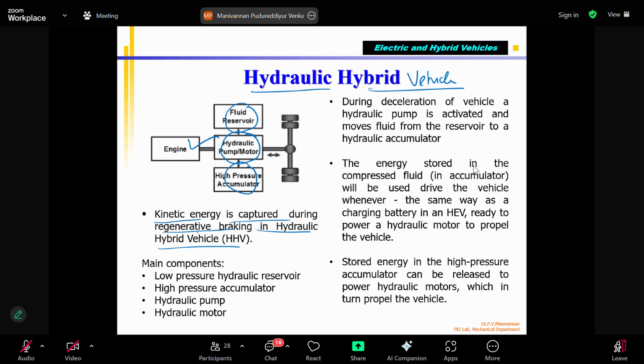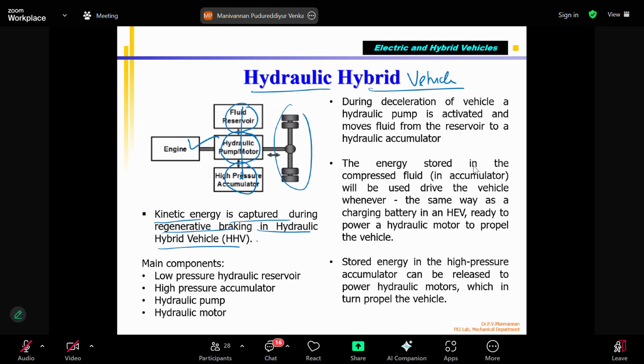So similarly, in hydraulic hybrid also, whenever you apply the brake, that regenerative braking torque or energy will be used to drive this pump, so that the fluid will be pressurized. Fluid will be pressurized during the regenerative braking or by the engine itself. That depends upon the vehicle design.